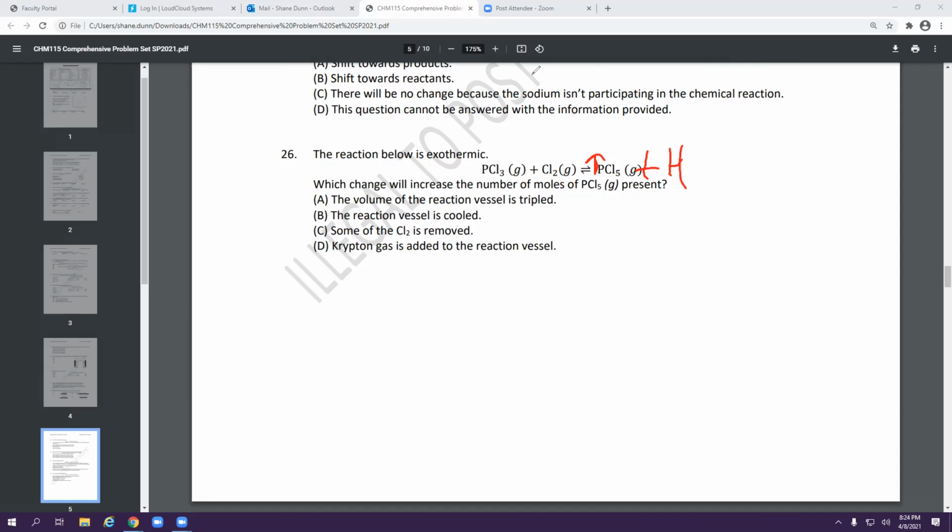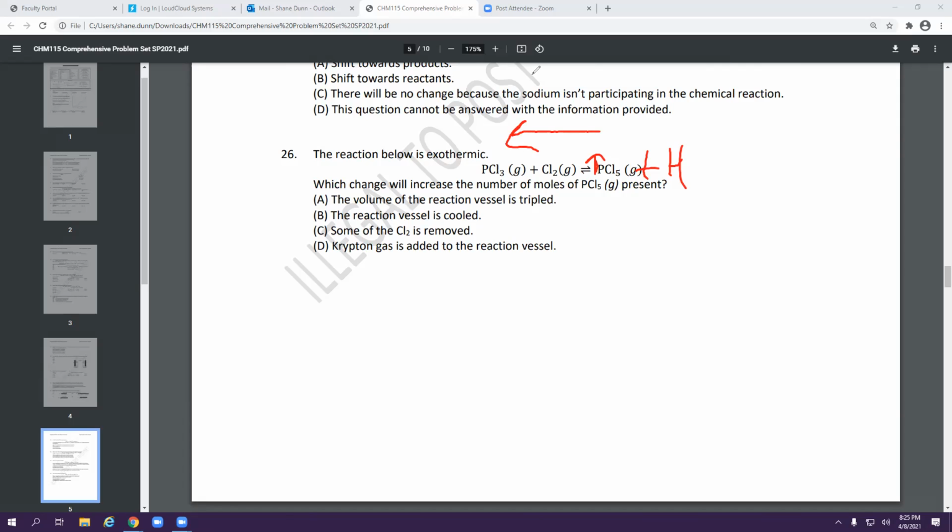Well, it has to keep up, right? So what's going to happen is it's going to shift this way in favor of reactants. But how do I shift? How do I make reactants? What do I have to do? I have to consume my products to make reactants, right? And I'm adding PCl5, right?